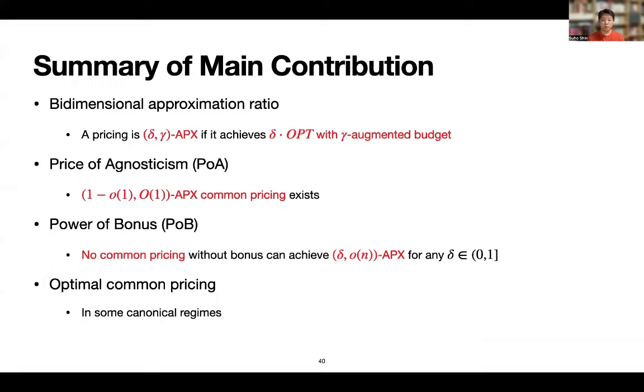And we provide some of the optimal pricing structure with respect to some canonical regimes. We also provide an extensive real-world experiment, but we skip it in the presentation. After briefly introducing our mathematical model, I will present these results in a step-by-step manner.